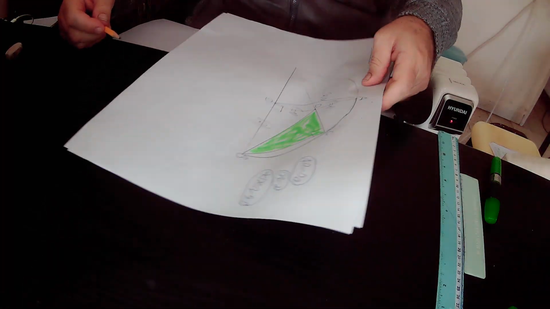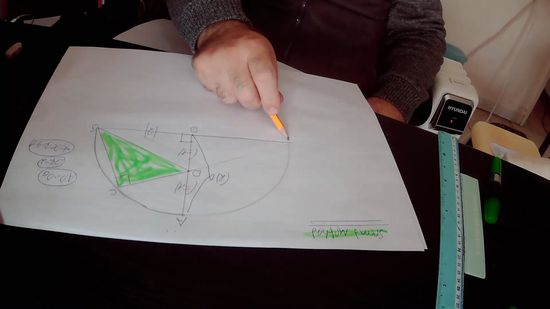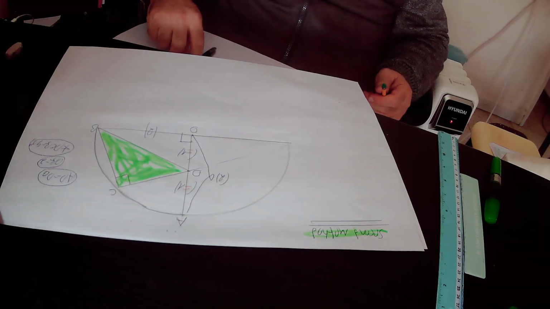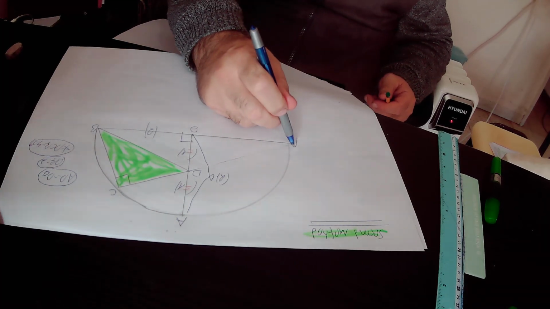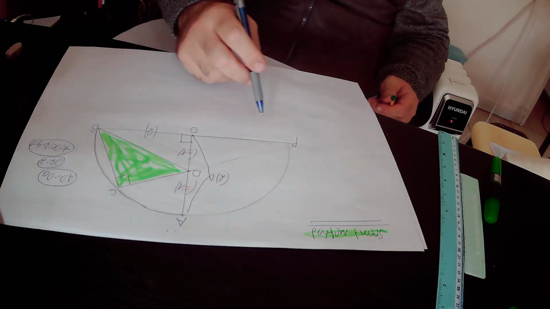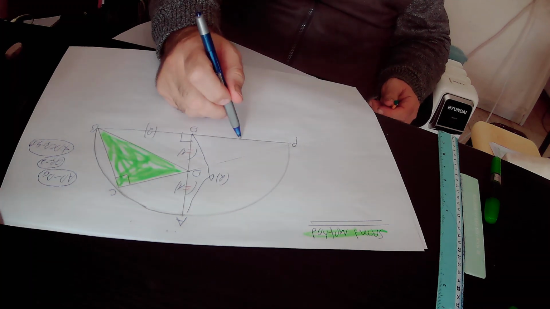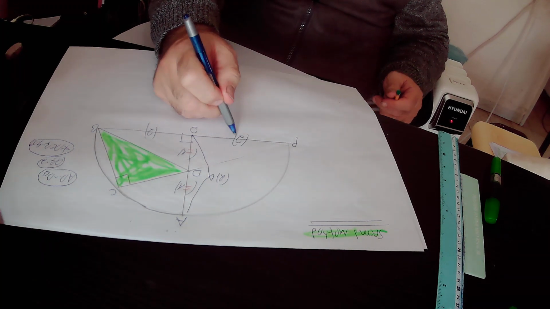We define the touching point of the extended radius BO with this semicircle. This point is point P. Point O is the center of the semicircle. Point P is a point on the semicircle itself. Therefore, OP is the radius of the semicircle. This equals 2.